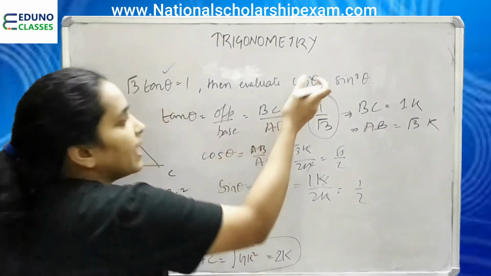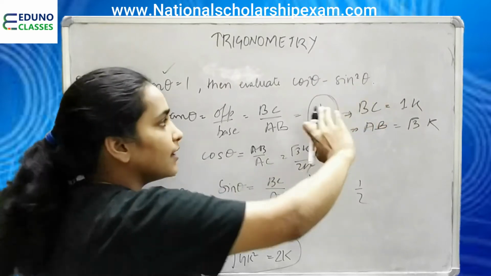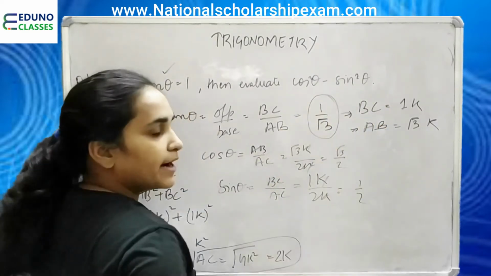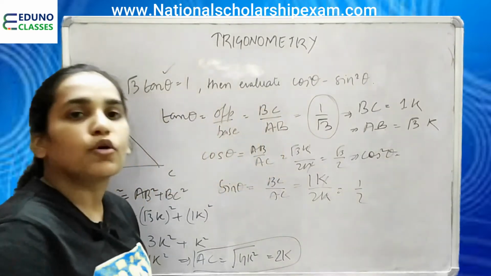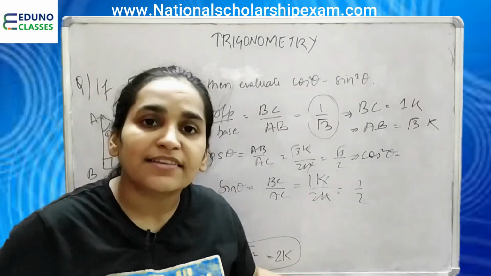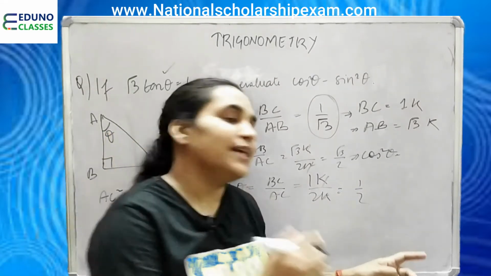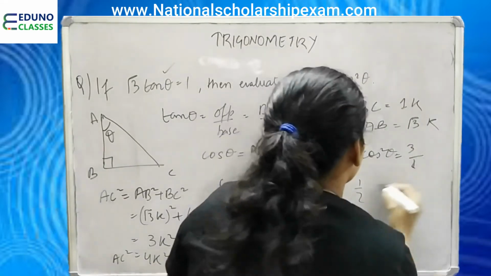Fine. So we have to find the squares and then subtract. Right. So cos is root 3 by 2. Cos square theta will become root 3 by 2 whole square, that is root 3 whole square upon 2 square. Root 3 square is 3 and 2 square is 4.